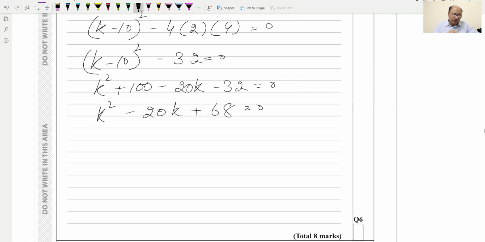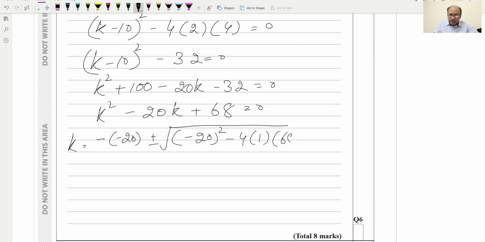Now this is a quadratic equation in k, so we can apply the quadratic formula. So k will be equal to minus b plus or minus the square root of b squared, which is minus 20 squared, minus 4 times a, which is 1, times c, which is 68, over 2a. This is the quadratic formula which we have applied.